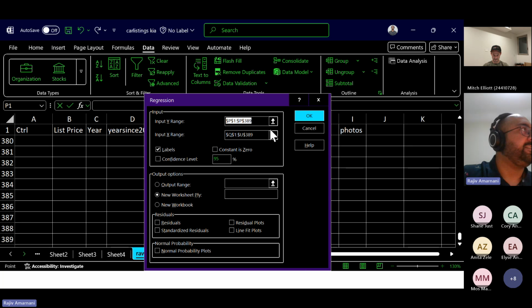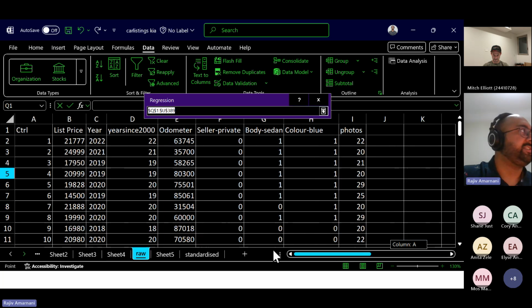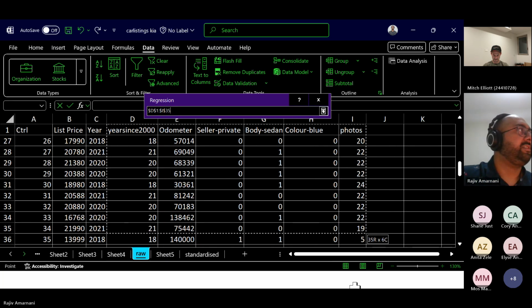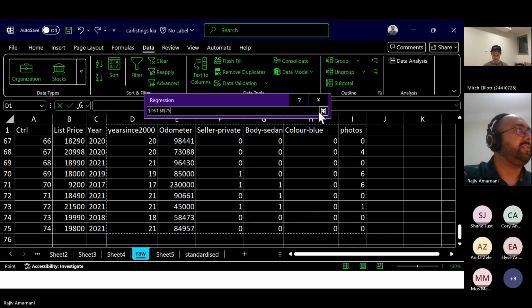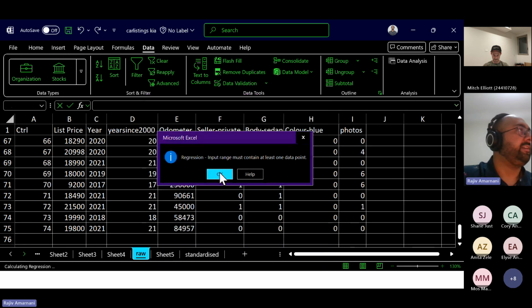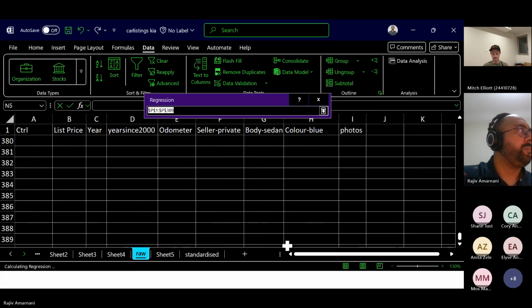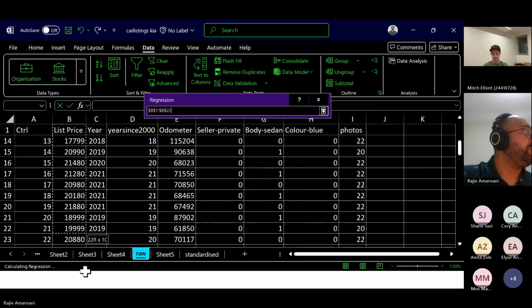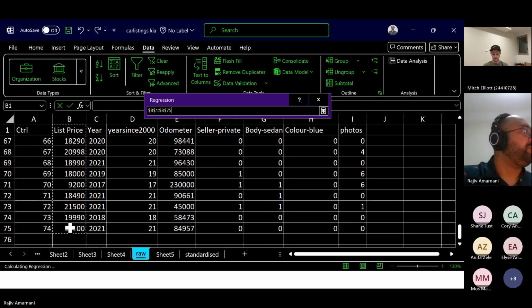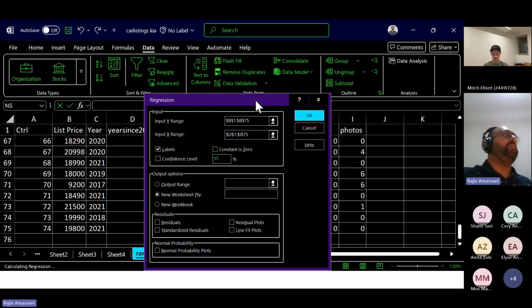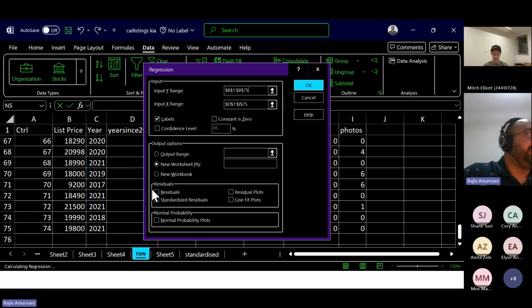Let's see. X range is, okay. Now we have our regression as normal. Let's tick all the boxes here. Residuals, standardized residuals, plots, residual plots, line fit plots. Just tick all the boxes, which we did not tick before.